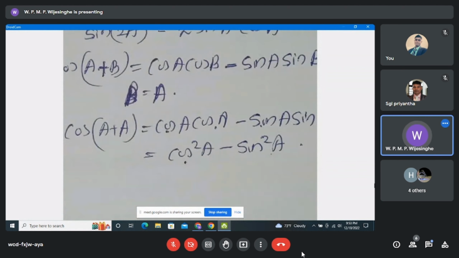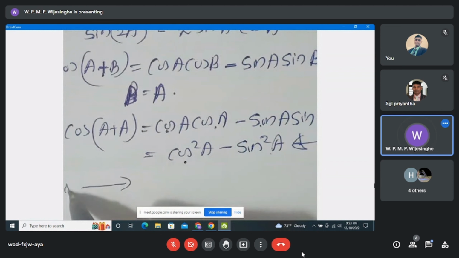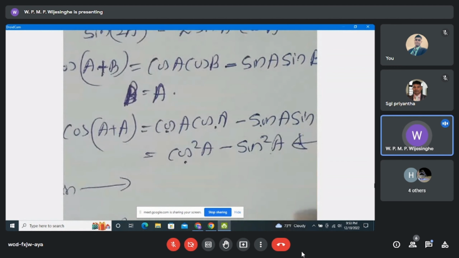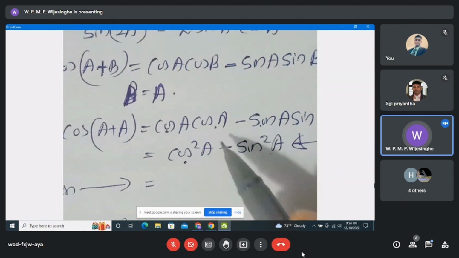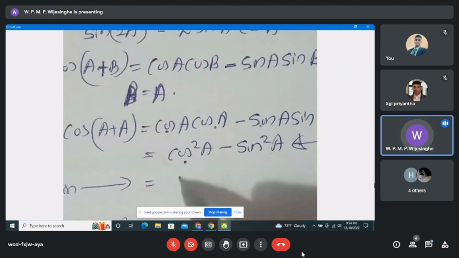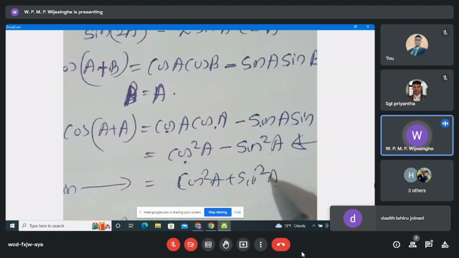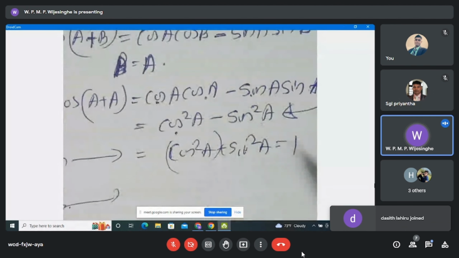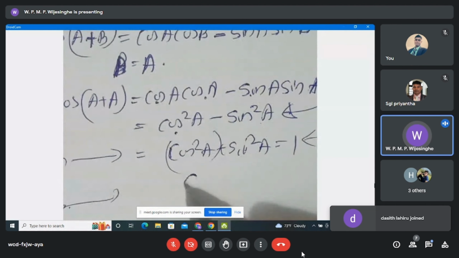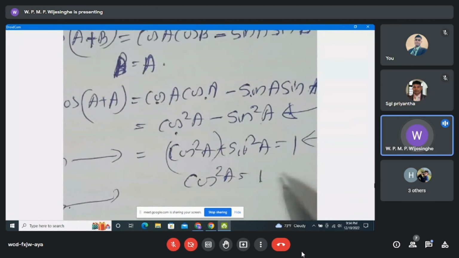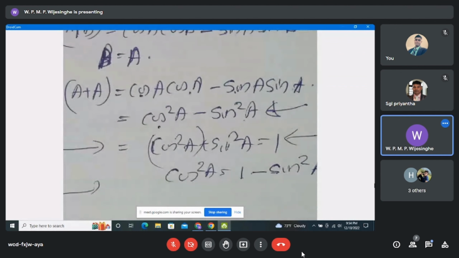Okay, by using this, I can write this by using only sine or only cos. You know the relationship cos square plus sin square is equal to 1. I use it here. So cos square A plus sin square A is equal to 1. So I write this equation with cos square A as the subject. Then I can write 1 minus sin square A. Then I apply this term here.